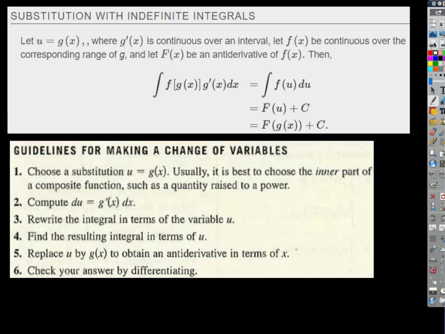Paige chose the u she did because it was intuitive that you want to pick what's inside the function. So when you're choosing a u substitution, usually it's best to choose the inner part of a composition of functions, such as a quantity raised to a power. Then we calculate du like we did: du is just the derivative of what's inside times dx. We rewrite the integral in terms of u, solve the integral in terms of u, and then reverse the substitution, okay?